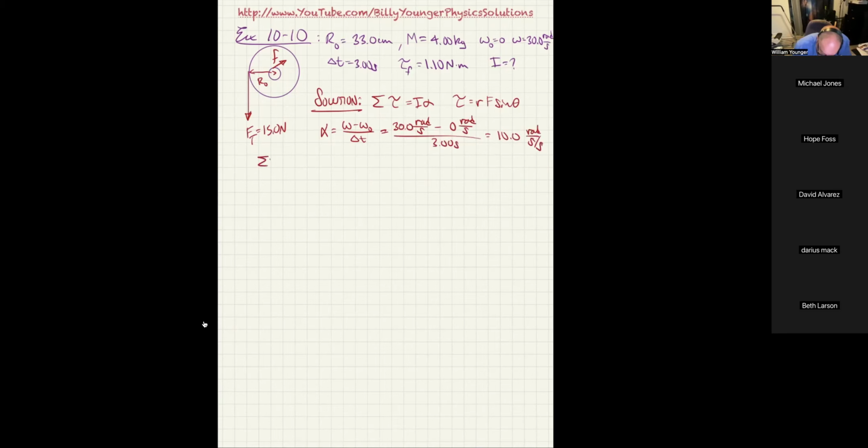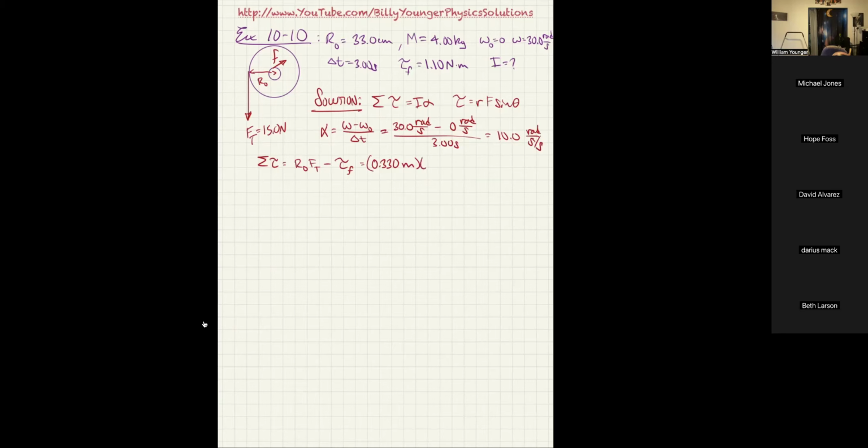The summation of the torques, on the other hand, is going to be R0 times Ft minus the torque due to friction. So that's going to be, using the appropriate units, 0.330 meters. Notice I did convert it to meters.